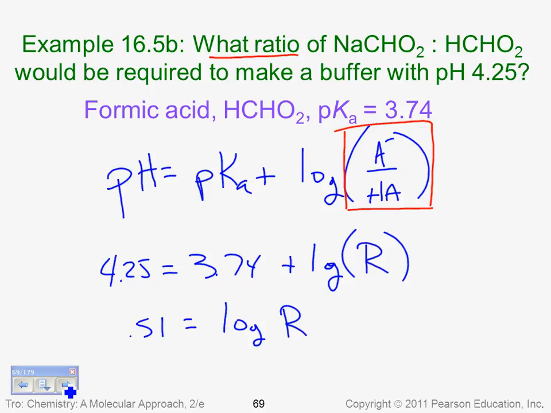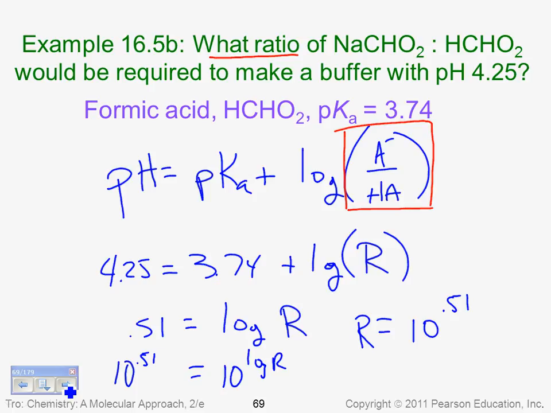How do I get that log off of there? Yeah. So I got to do 10 to the log of R is equal to 10 to the 0.51, which 10 to the log, that cancels each other out, and so R is 10 to the 0.51.